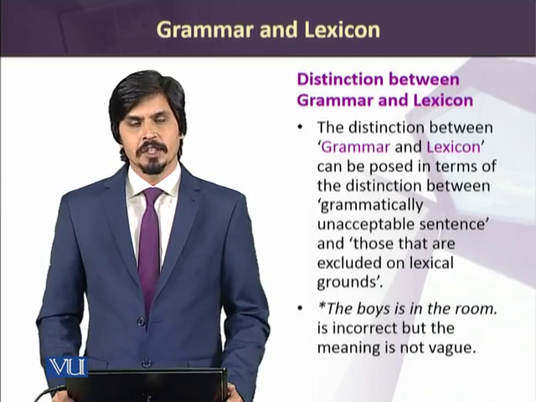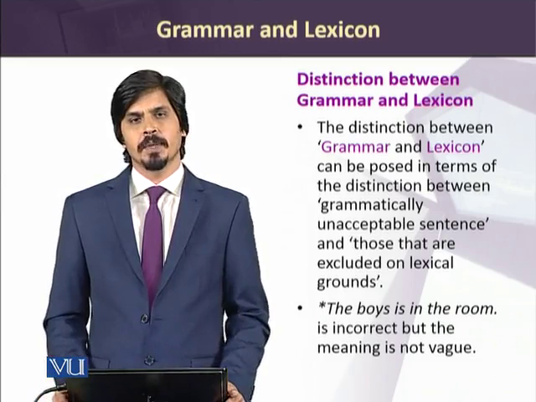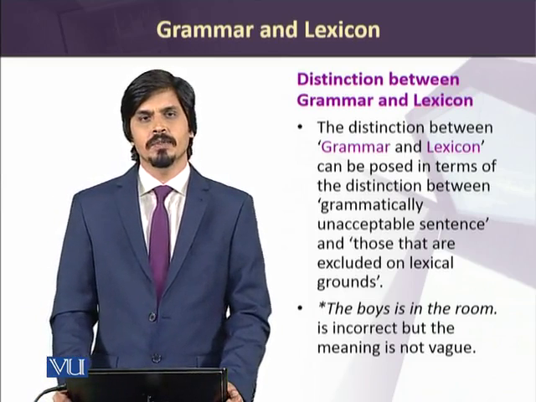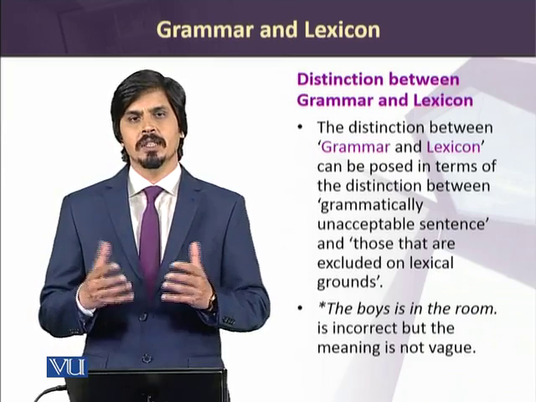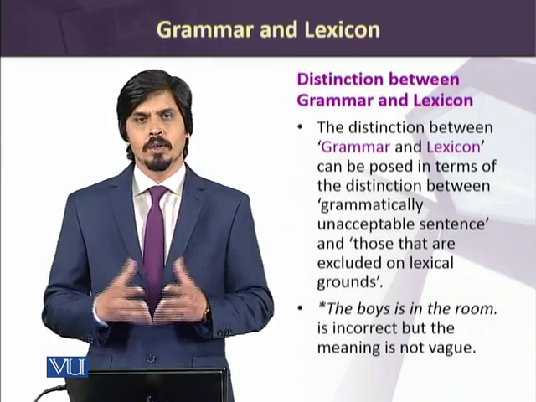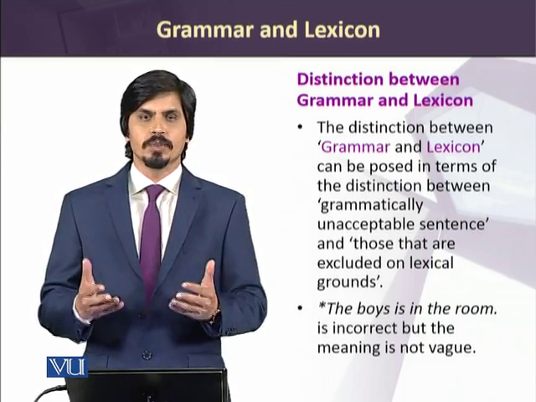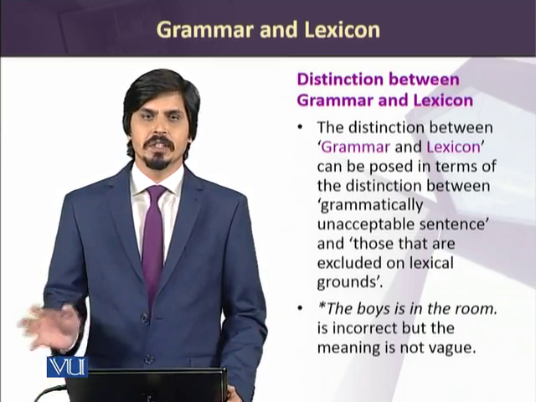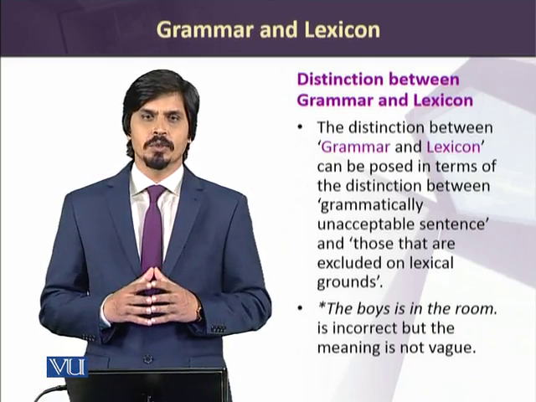There is a distinction between grammar and lexicon in terms of their meaning-making capacities, and this difference may be understood by looking into grammatically unacceptable sentences or word compositions, and those which are lexically deviant from the general, normal, or correct use of the language.